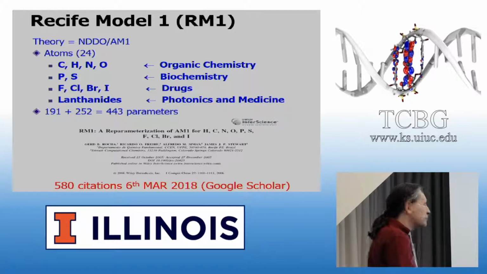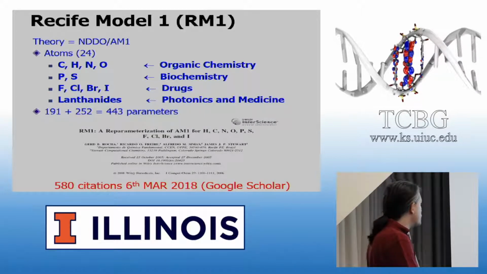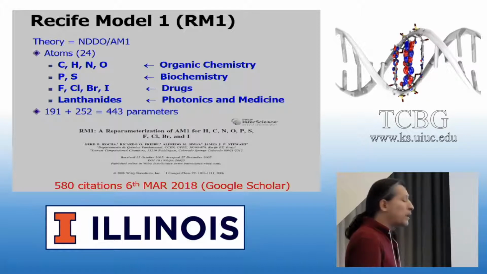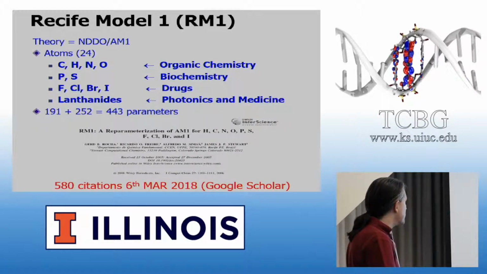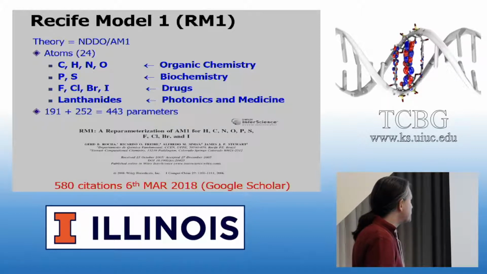compounds in organic chemistry have this type of atoms. If you consider biochemistry, you need to consider P, phosphorus, and sulfur atoms. If you want to do drug design, you have to consider fluorine, chlorine, bromine, and iodine.